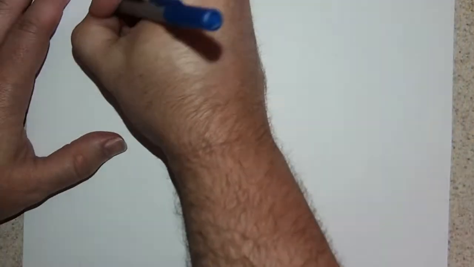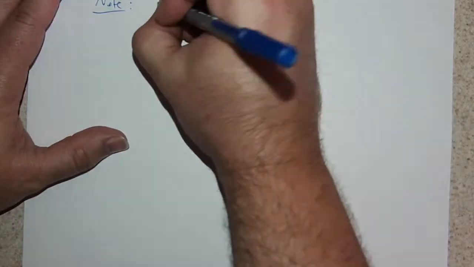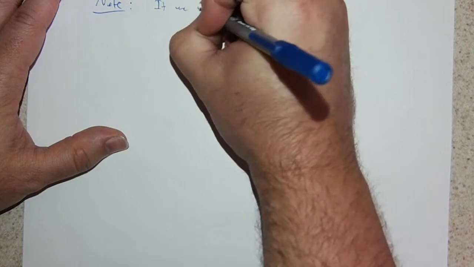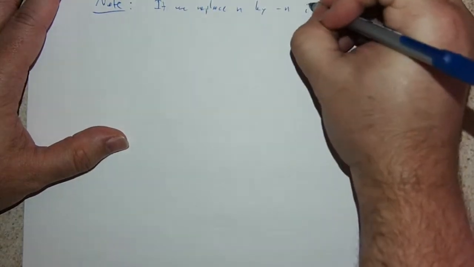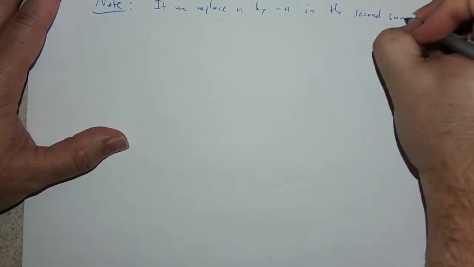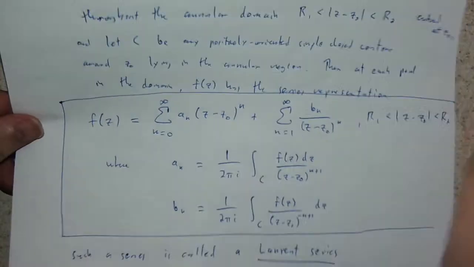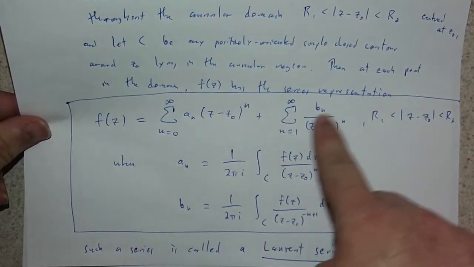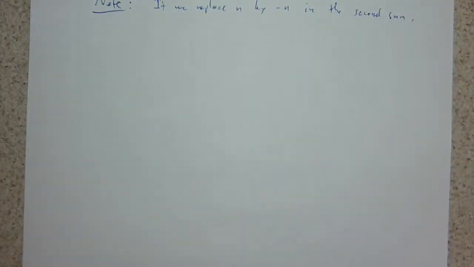So, note, we can write this in a little more compact form. If we replace n by minus n in the second sum, so let's bring it back. If we replace this n here by minus n, we can actually combine these series.